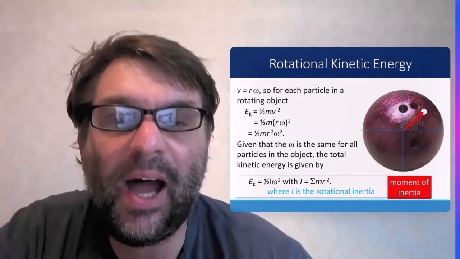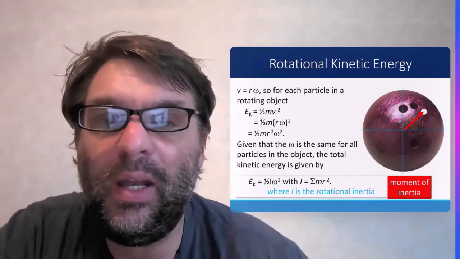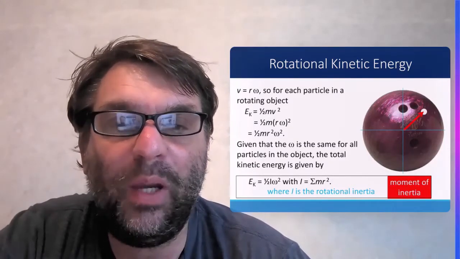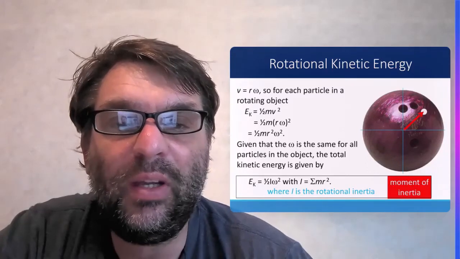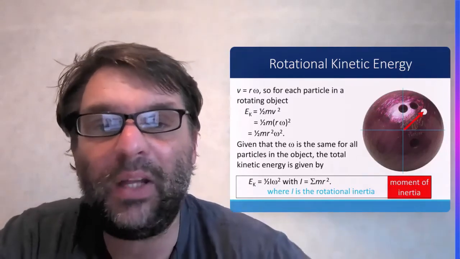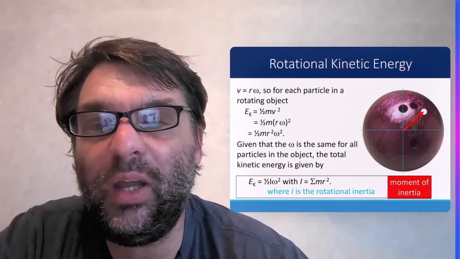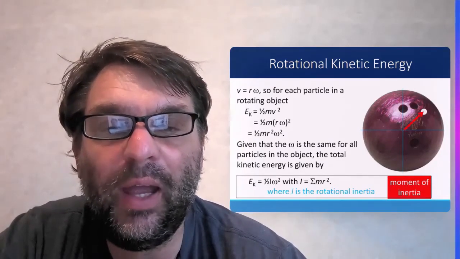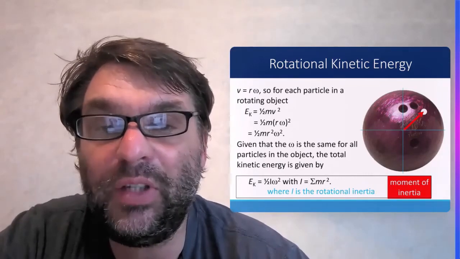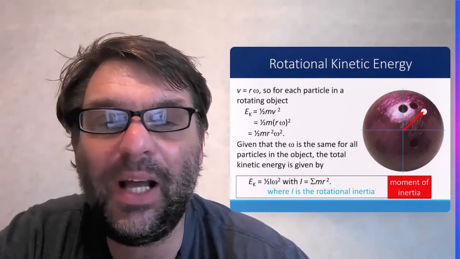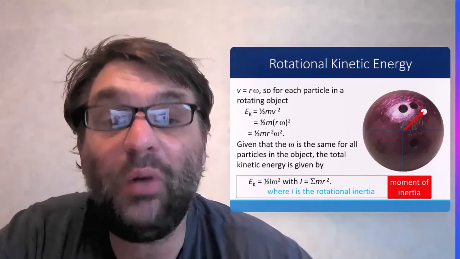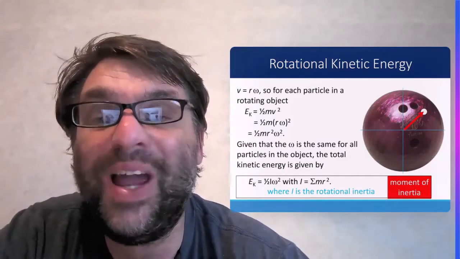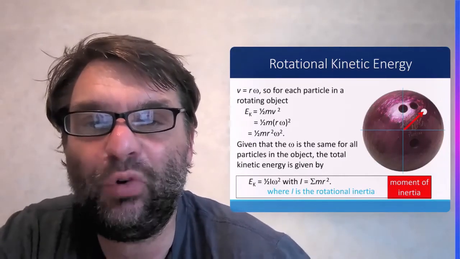So in this case, half m r omega squared, or in summary, half m r squared omega squared. Okay, so given that omega is the same for all the particles in an object, which we learned earlier with circular motion, the total kinetic energy will be given by the equation half I omega squared, where I is this rotational inertia we'll explore in more detail, and that rotational inertia equals the sum of the masses times the radius squared for each particle from the centre of mass.